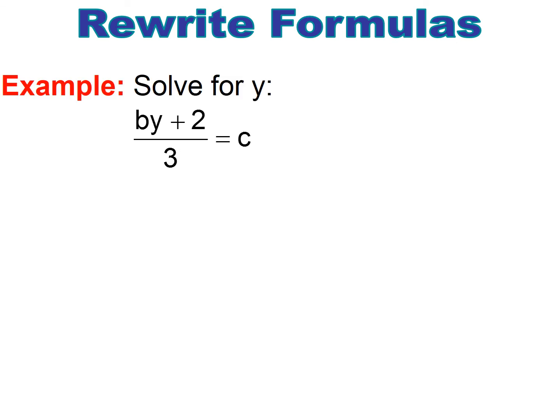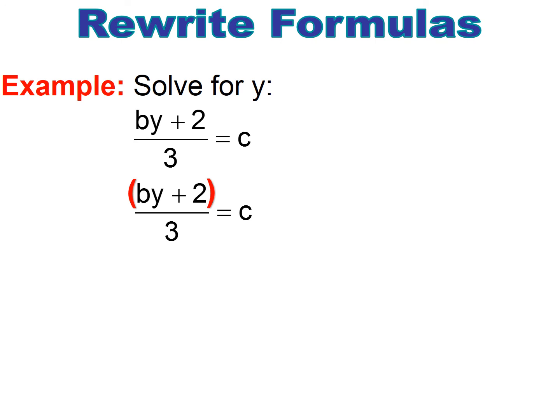Now, when you have something that looks like this, where we're trying to get to the y that's on top, so I have by plus 2 all over 3. In order to get to that top, I need to first get rid of that division. That 3 is dividing into that entire expression. And the inverse operation of division is multiplication.